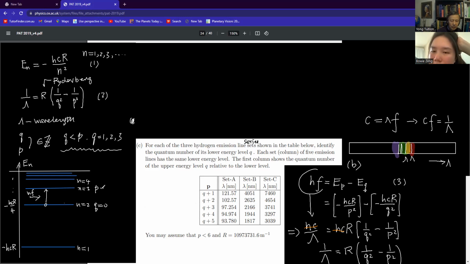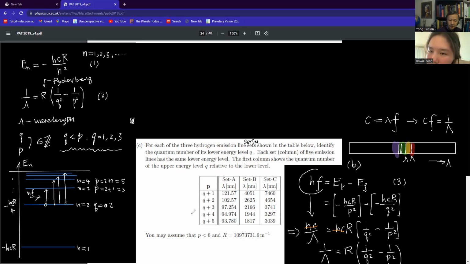P will equal 2 plus 1, so that is equal to 3. And the next P is 2 plus 2, equal to 4. If I continue to draw that, that is one of the series, when Q equals 2, not equal to 0.